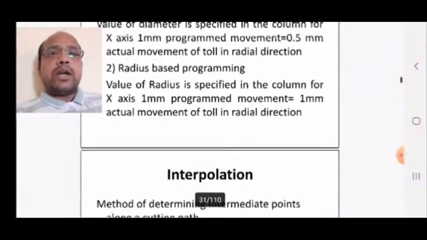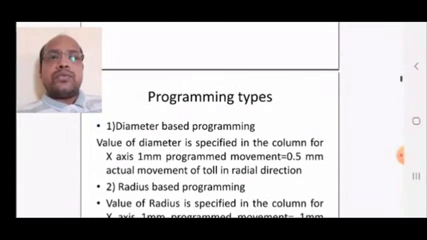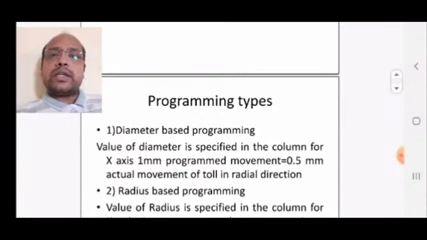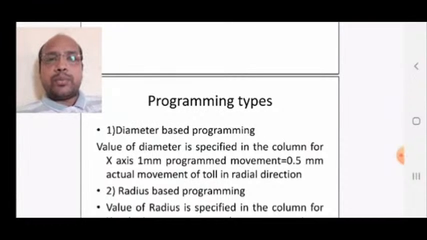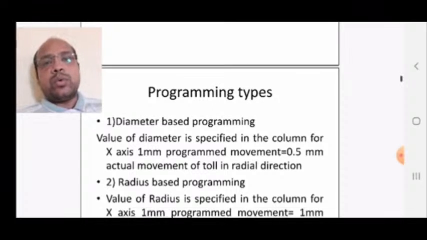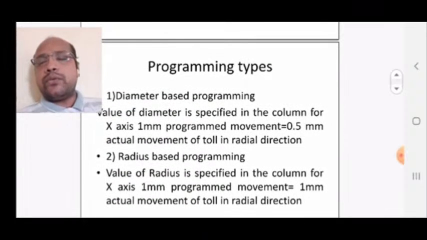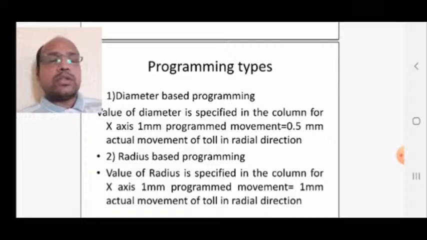Now the next part of the program is very important. We have to select a type of part programming, that is diameter part programming mode or radius part programming mode. This is very important for writing a part program in turning or facing operation.